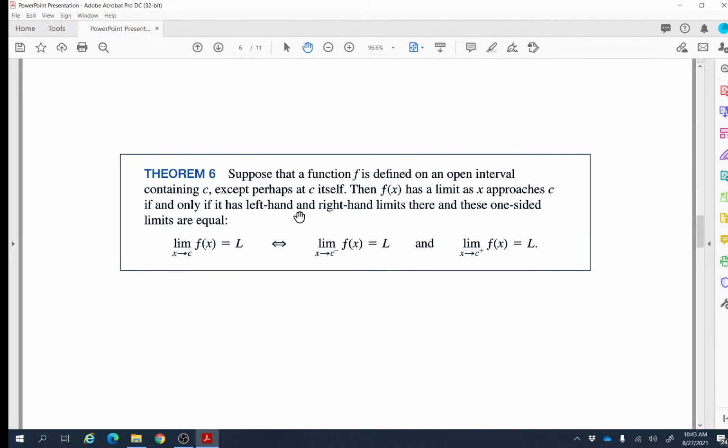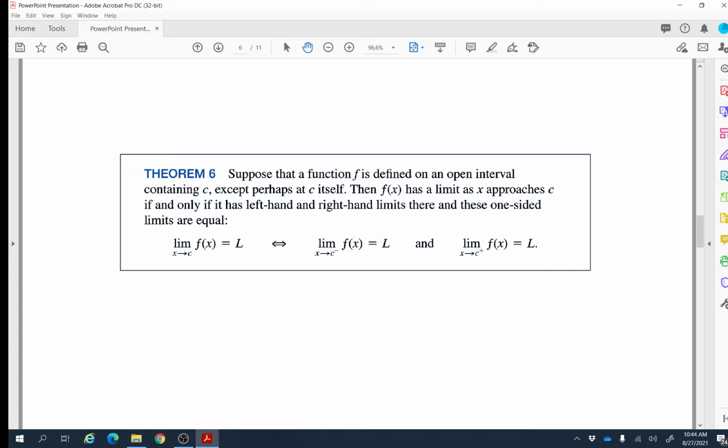This is a very important theorem. It gives you a very important relation, and it says, suppose that a function f is defined on an open interval containing c, except perhaps at c itself. Then the function has a limit as x approaches c if and only if it has a left-hand limit and a right-hand limit there, and these one-sided limits are equal.